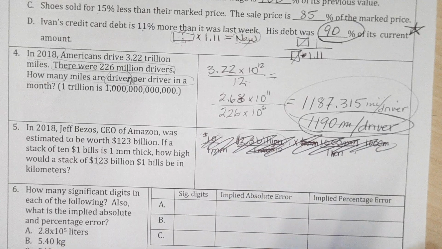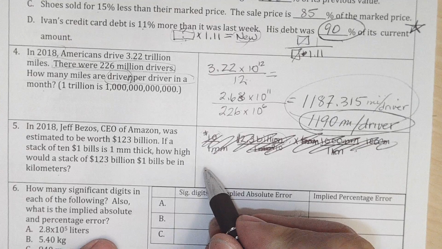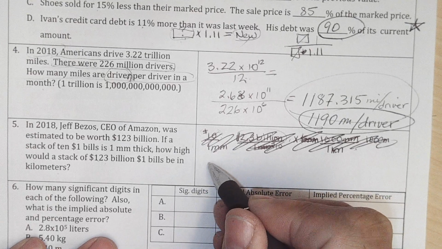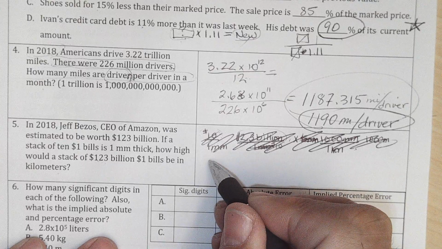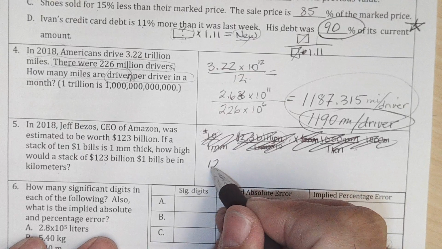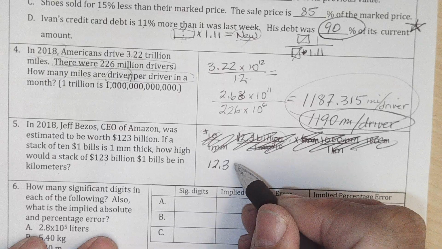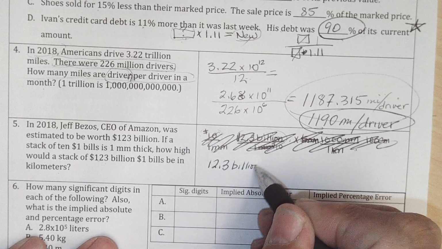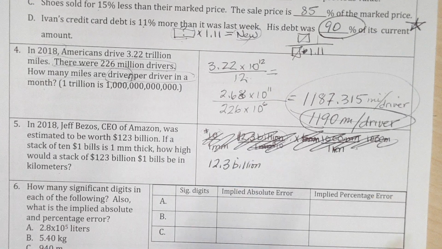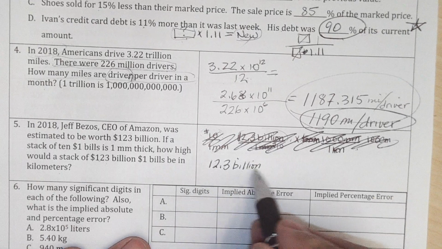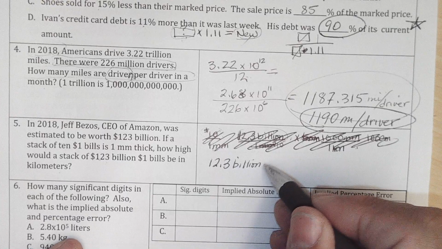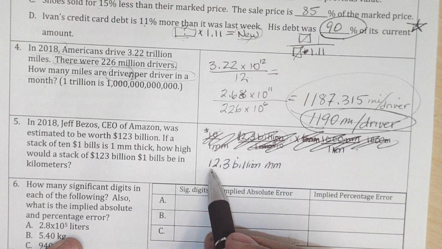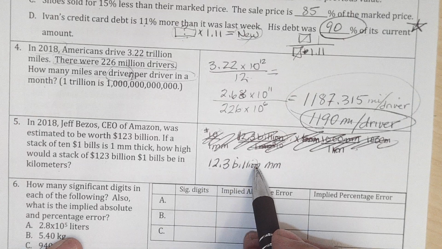Okay. I have 12.3 billion stacks of $10 bills. So there's this many a billion millimeters, because every 10 makes 1 millimeter.